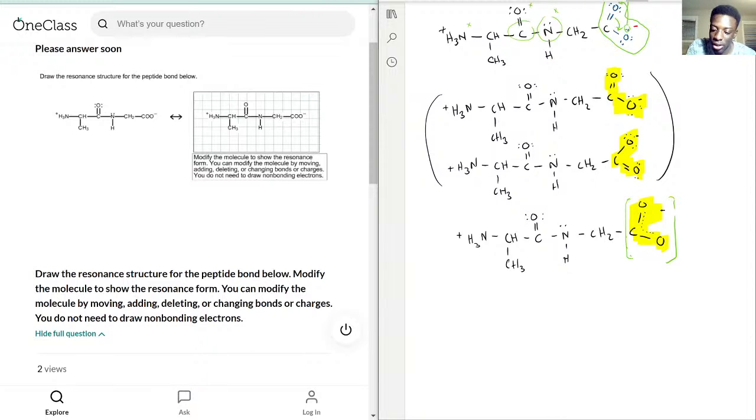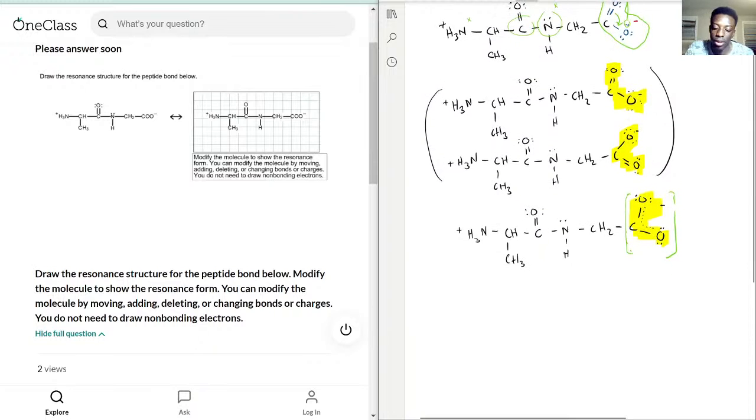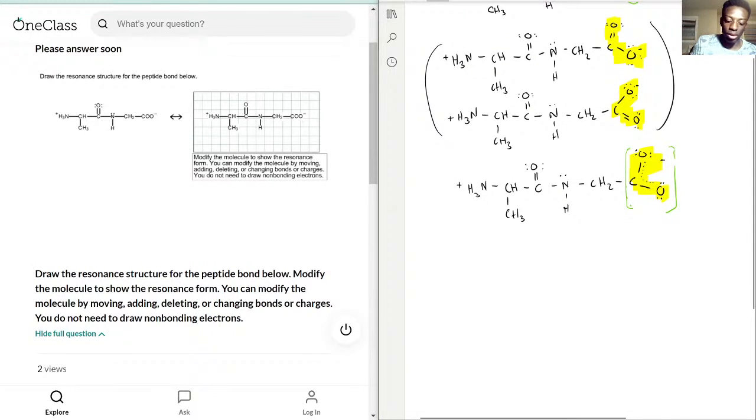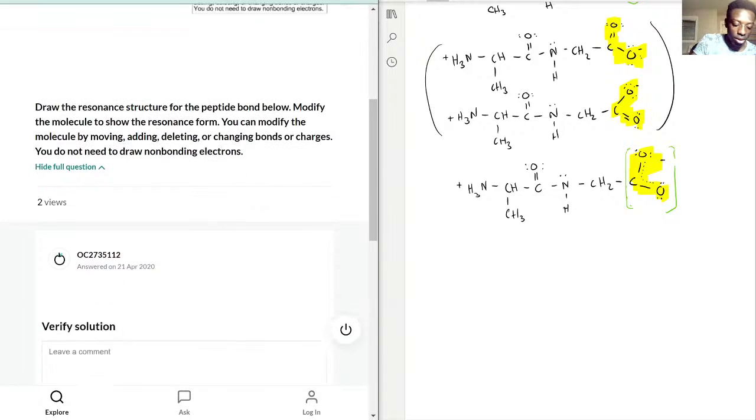So with that, you're still going to have, just to make sure, 1 2 3 4, 1 2 3 4, but that quote-unquote 5 6 is going to be rolling between the two right there, just like that, because exactly if you take out that 2 and put it as a bond, it's quote-unquote there, but the carbon can only handle one at a time, so it's kind of always pushing that extra 2 electrons out, or yeah, in this case that's what it's doing. So this is what our resonance structure would look like in the end. So that is it for that question. Let's see how they did.